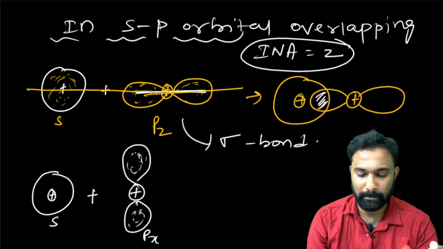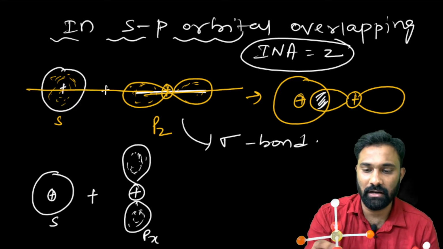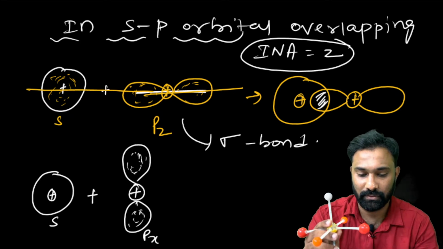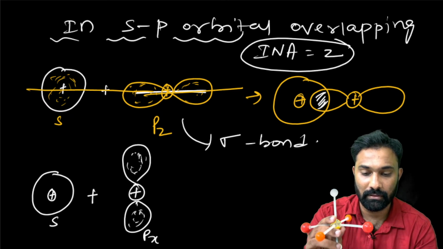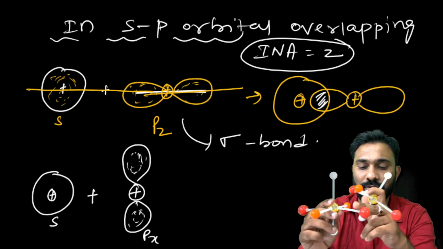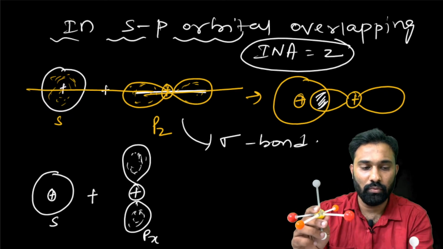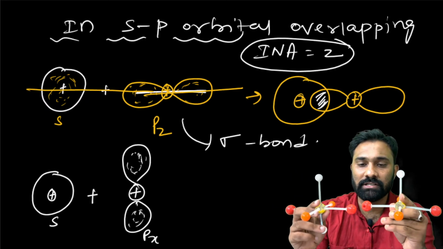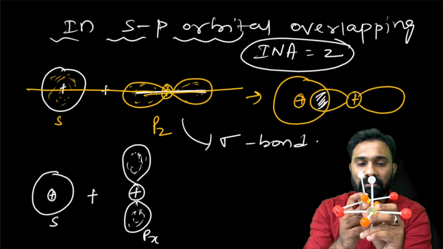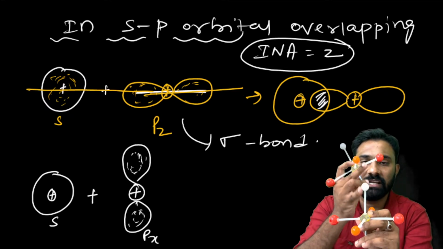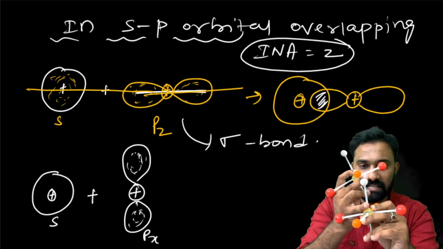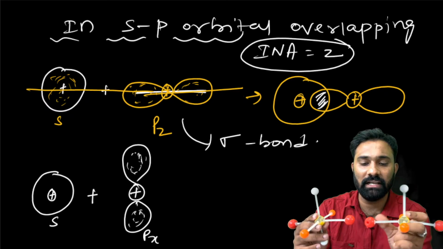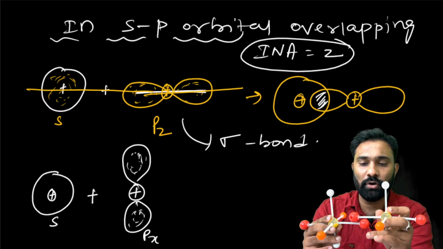This is an S orbital along the Z axis, and this white one is a PX orbital. When they overlap along the Z axis, we do not have any electrons in the PZ orbital. We only have electrons in the PX.